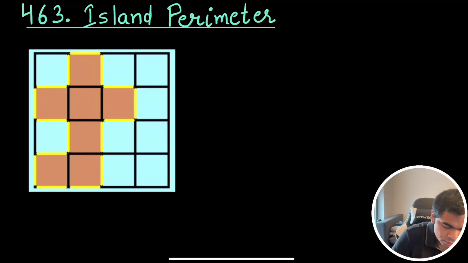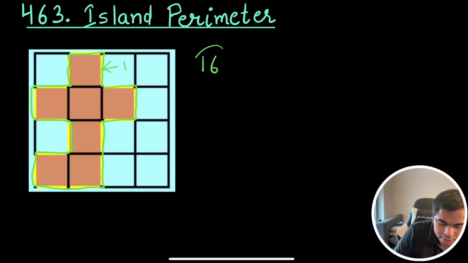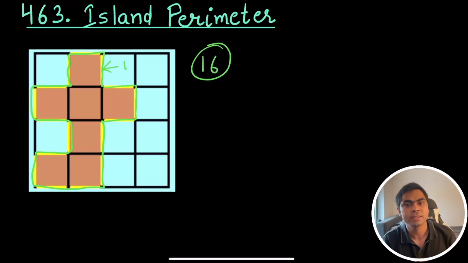So basically this is the border, this is the border, this is the border, this and this, then this. If I just cover all of it, and this length is 1, there are 16 of these borders, so the answer will be 16. So 16 will be the perimeter of this island.